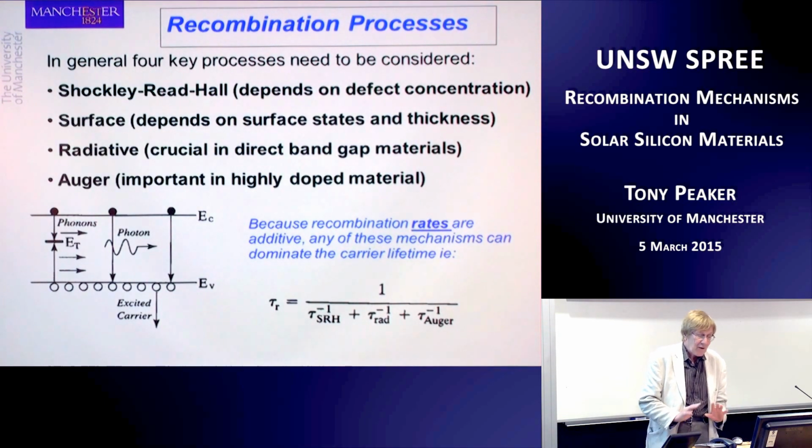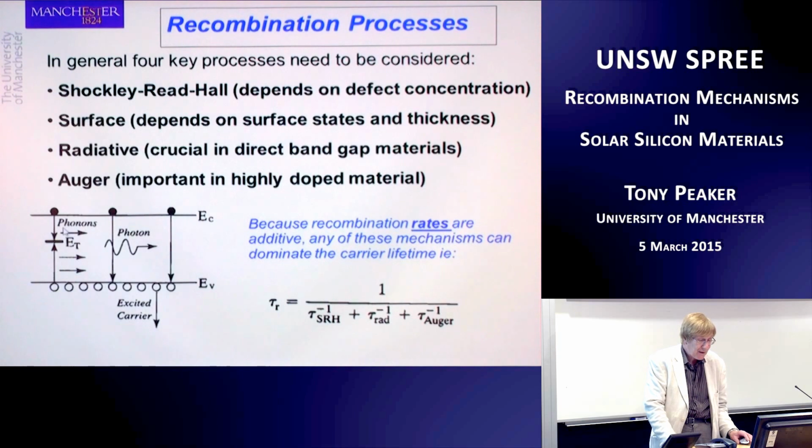So recombination, you can generalize about this in semiconductors. What we're perhaps most interested in is Shockley-Read-Hall. So this is a process where we get recombination through a defect state here, which in the case of solar is usually a metal, and usually a transition metal.